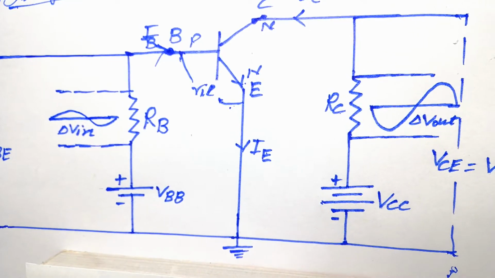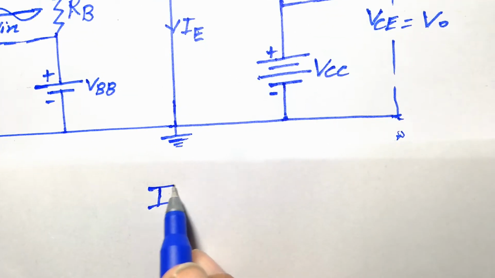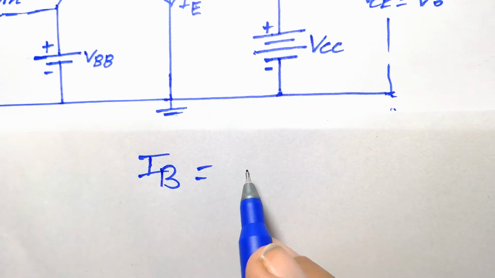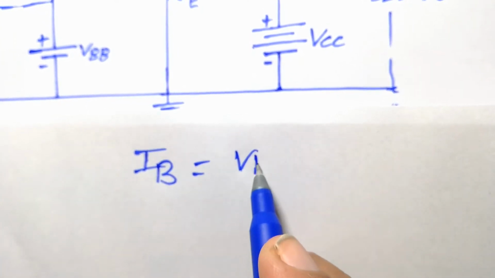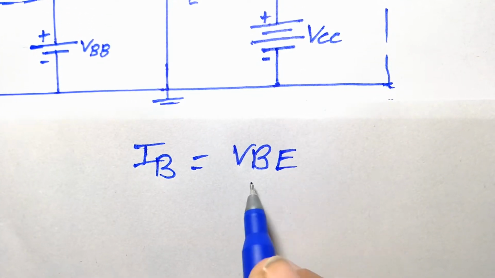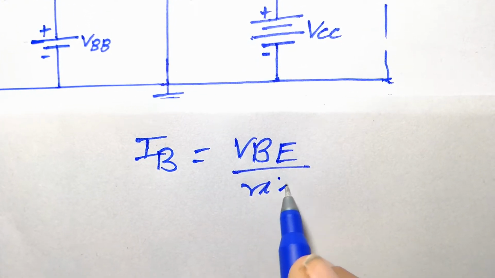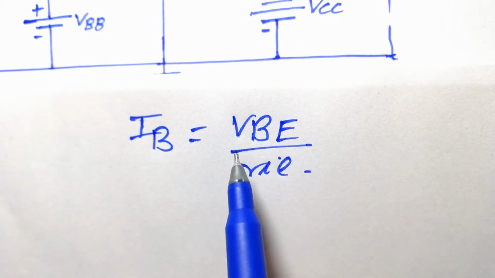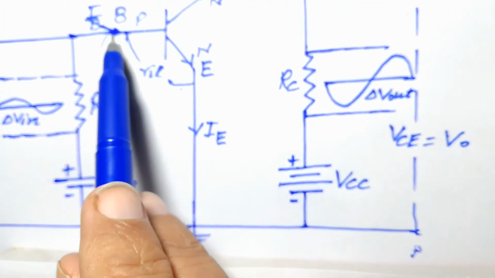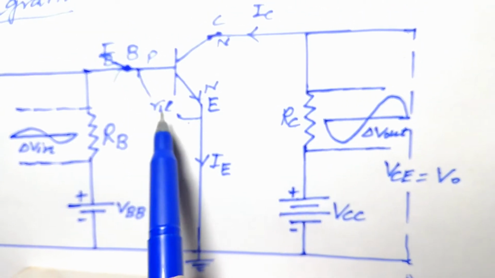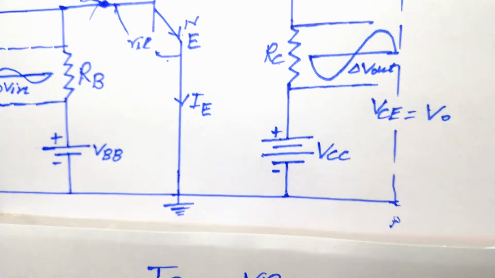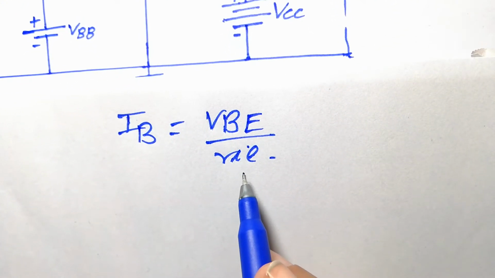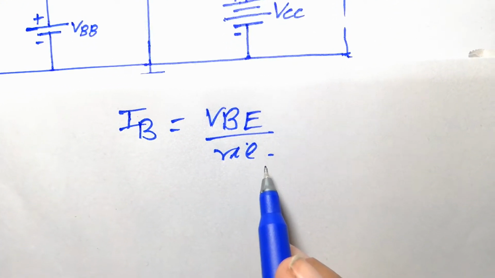IB is equal to VBE divided by RIE. We just apply Ohm's law: I is equal to V over R. The voltage is VBE and the resistance between these two terminals is RIE. So IB is equal to VBE divided by RIE.